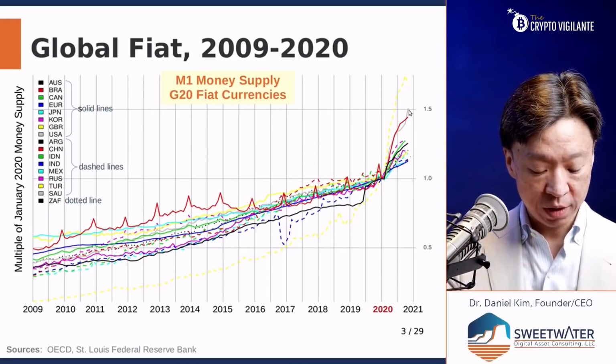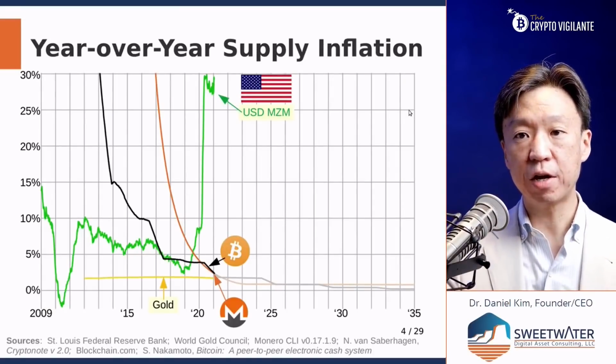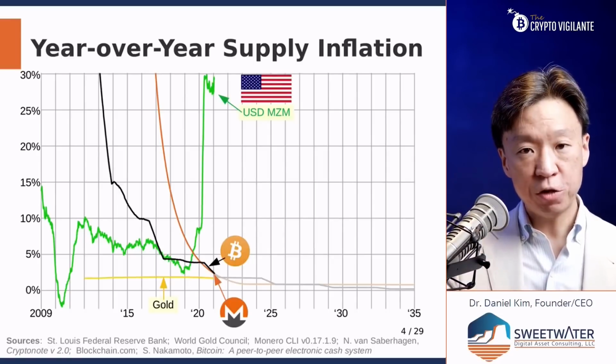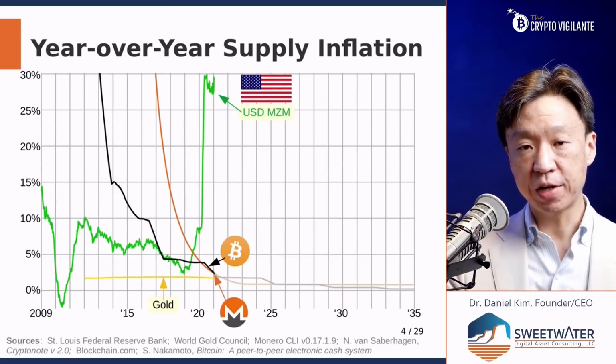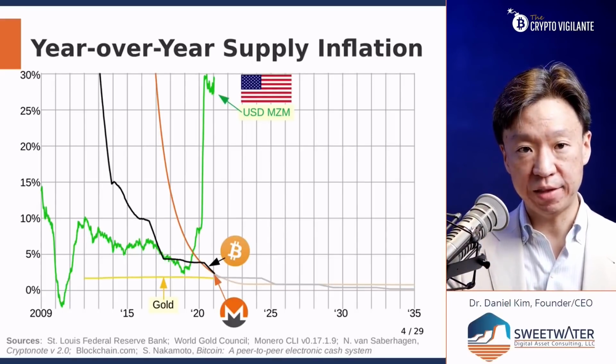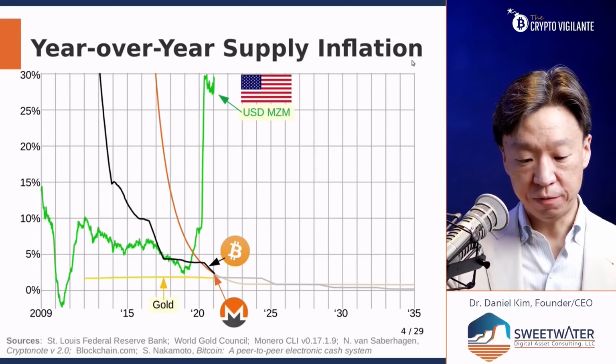However, since 2009, there has been such a thing as decentralized scarcity. There has been a thing called Bitcoin, which manufactured a way to synthesize digital scarcity without needing a central authority to maintain that scarcity. What I'm showing here is year-over-year supply inflation.